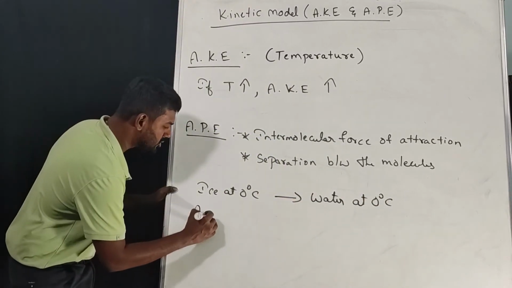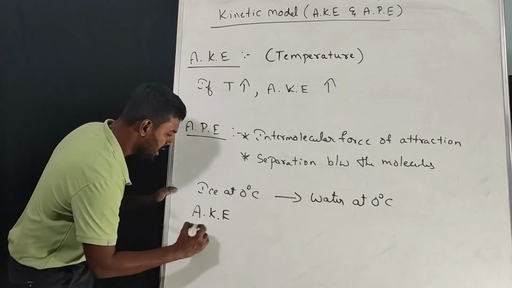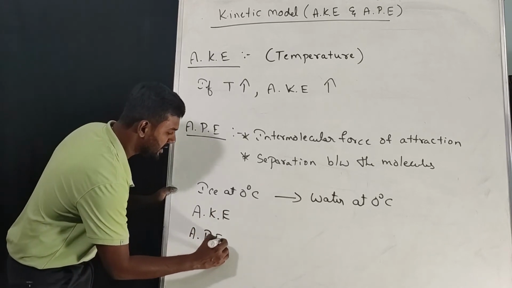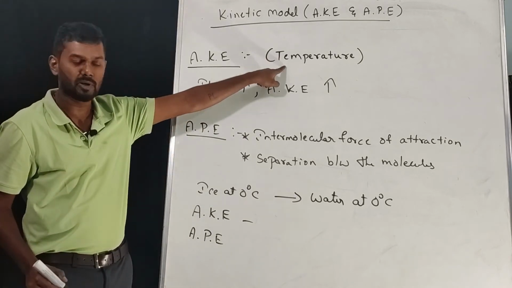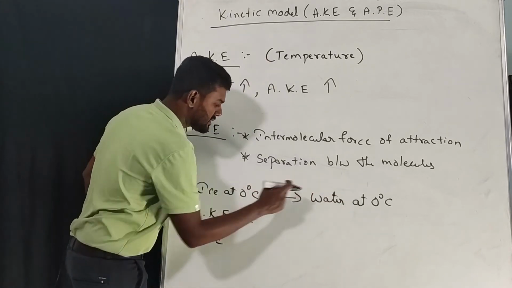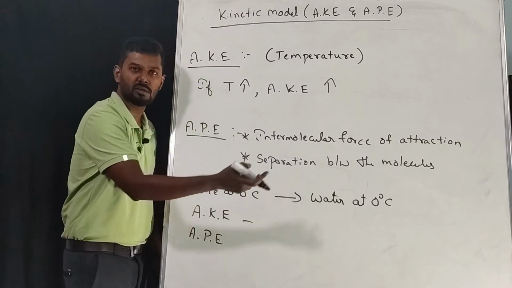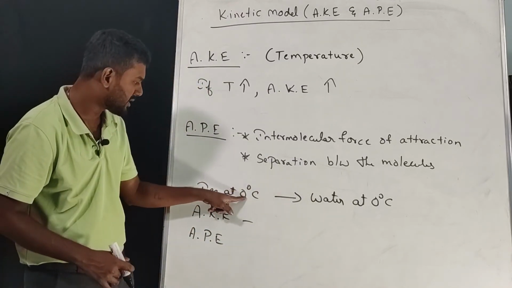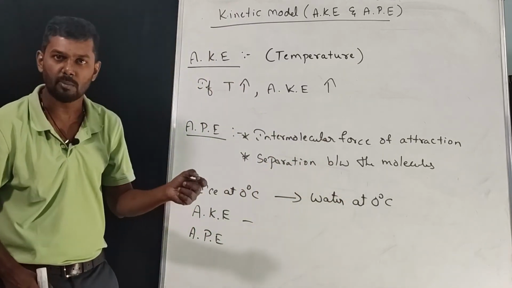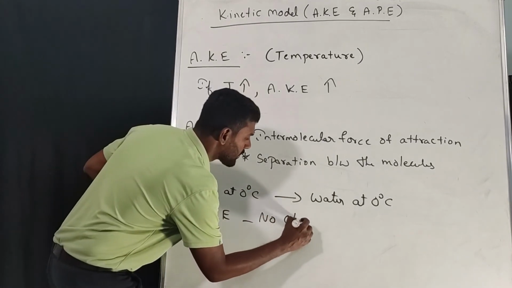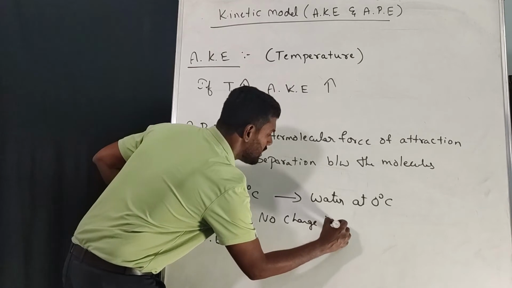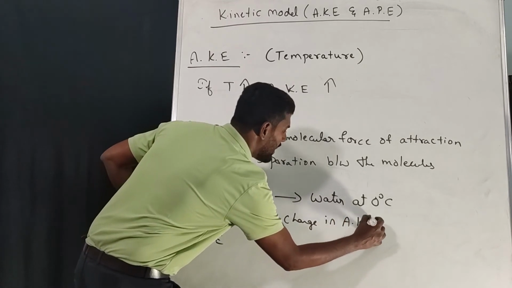So what happens to average kinetic energy and average potential energy? Average kinetic energy depends upon temperature. In both the cases, do you see any change in temperature? Increase or decrease? The temperature in both the cases is the same, constant. So no change in average kinetic energy.